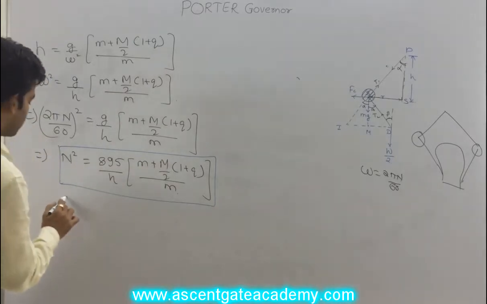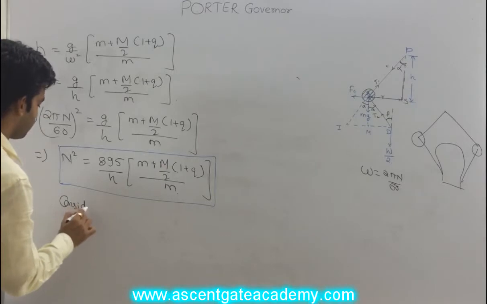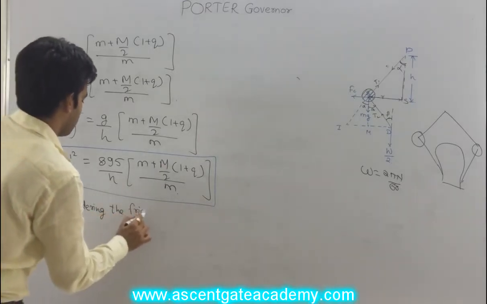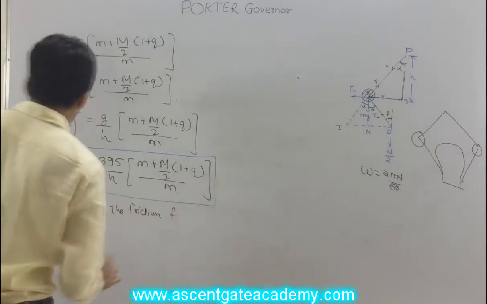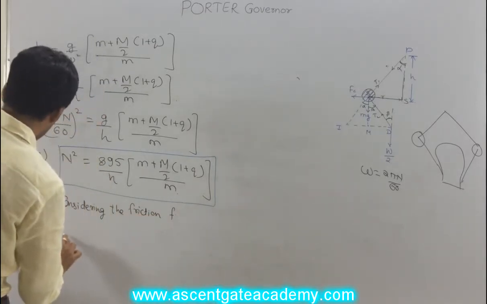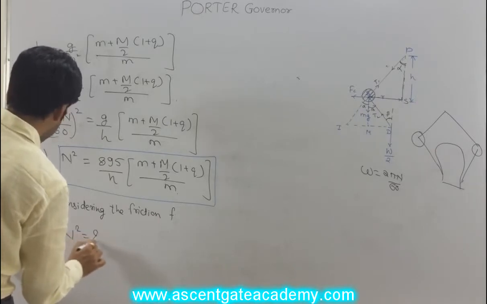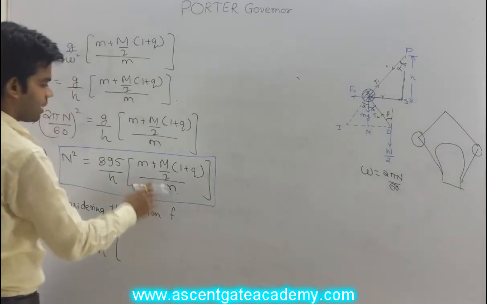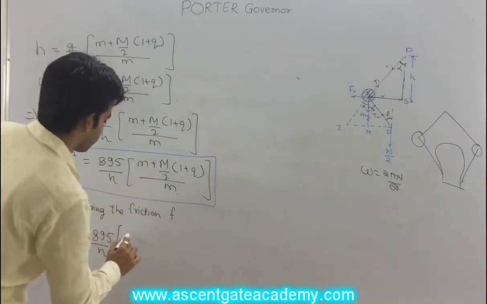Okay, so on considering the friction, small f, okay, so this n square will be equal to 895 by h, multiplying and dividing by g. So we will get what?